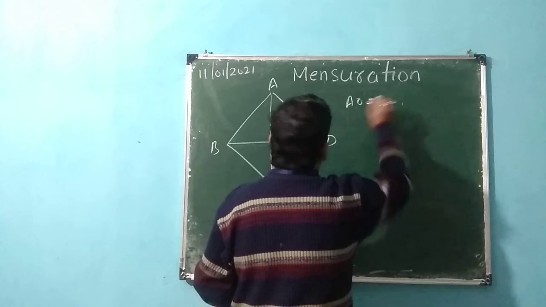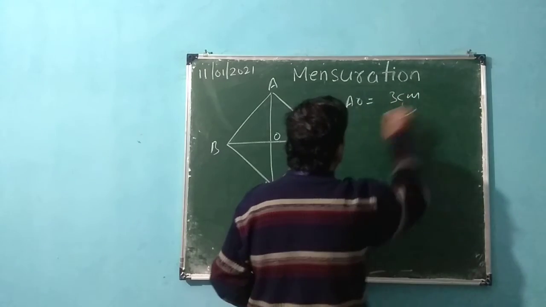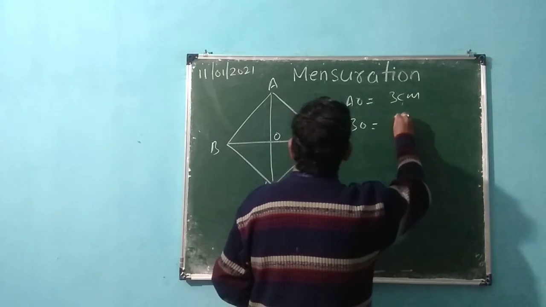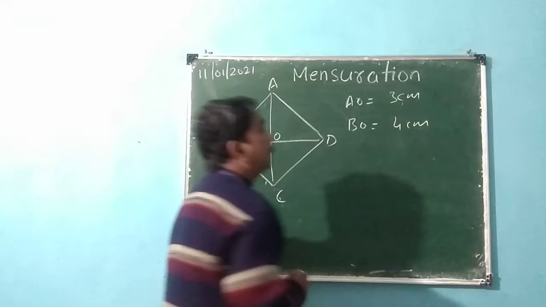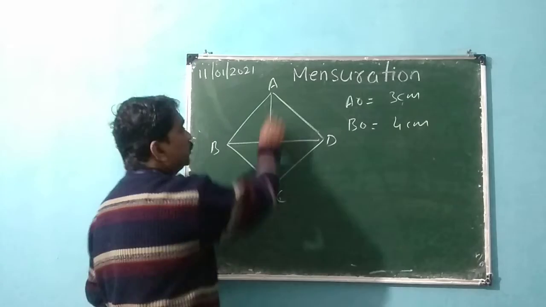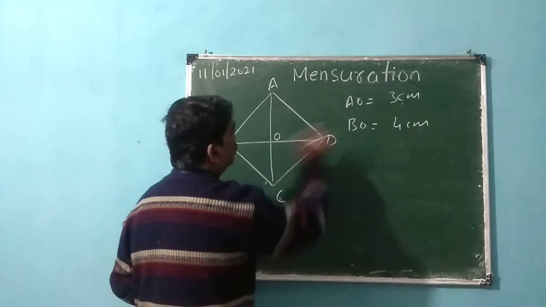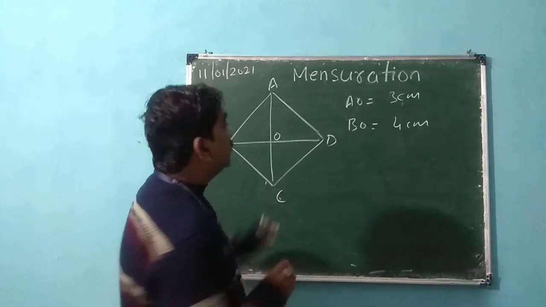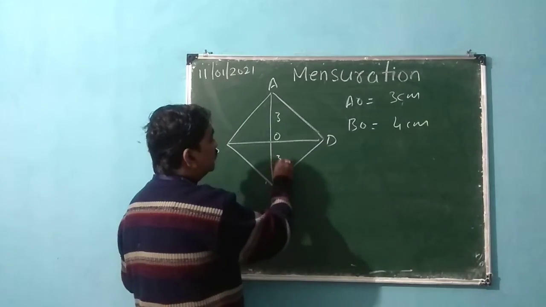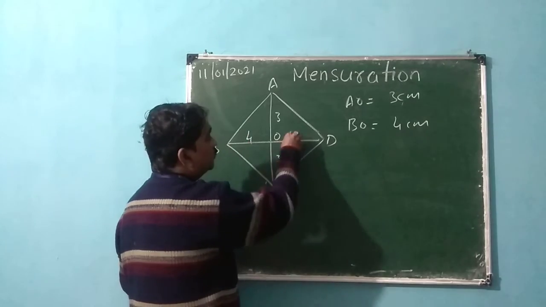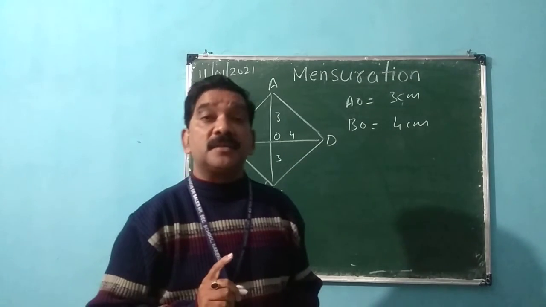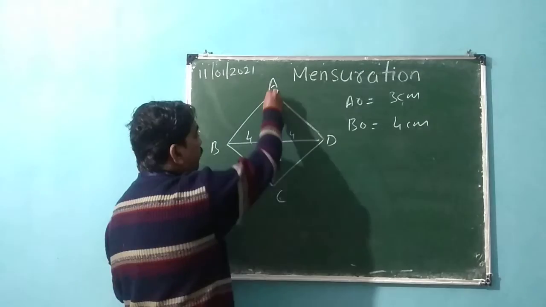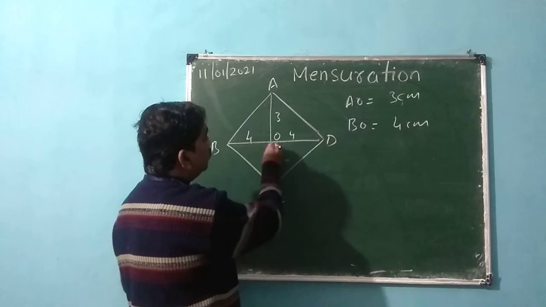If AO is 3 centimeter and BO is say 4 centimeter, find the area of rhombus. Now in this case, AO is 3, that means this is also 3. If BO is 4, that means this is also 4, because diagonals of a rhombus bisect perpendicularly. So AO is equal to OC and BO is equal to OD.